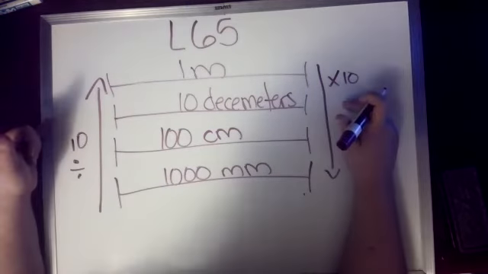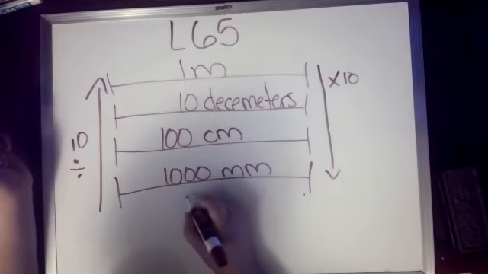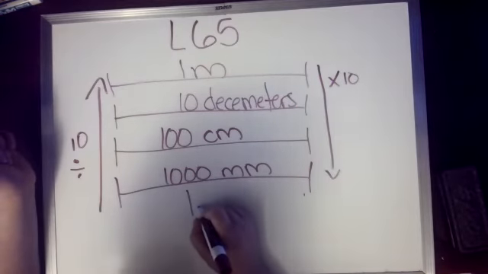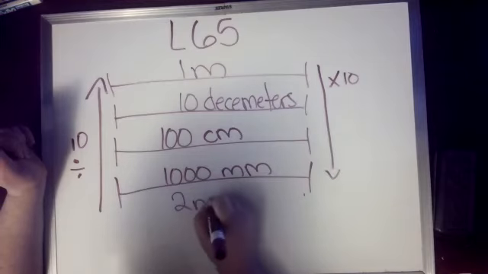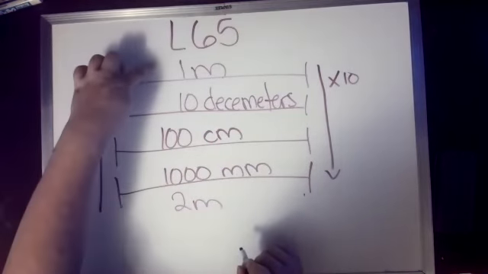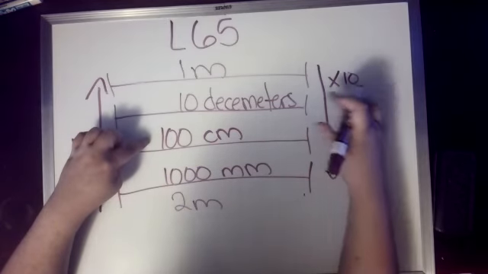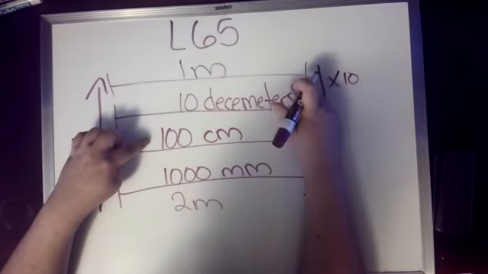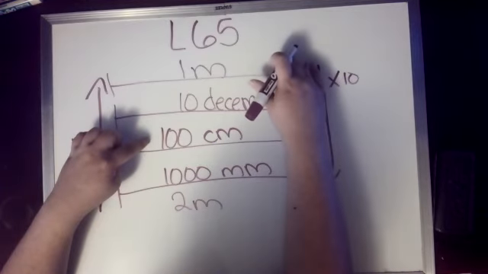If you need to jump a couple of places, either direction, then what you can do, let's say we have meters, and let's say I have 2 meters, and I want to know how many centimeters that is. Well, if 1 meter is 100 centimeters, then I'm taking this 2 and I'm timesing it by not 10, because 10 would be 1 space down. I'm timesing it by 2 places down, which is 100.